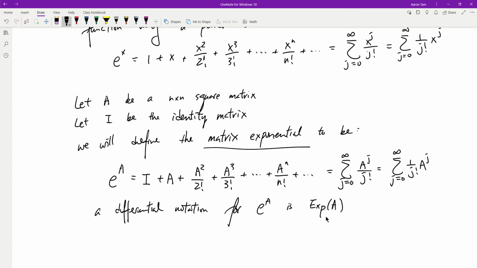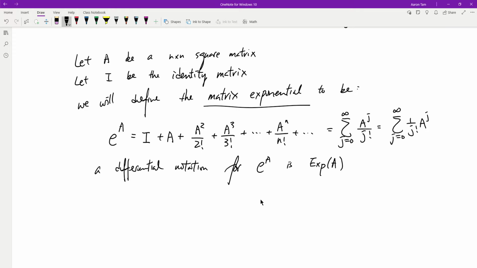You actually can't. So that's the reason why there's a separate notation, to indicate that it's not the same thing as e raised to a scalar power. But it does have several important properties that make it similar to e to a scalar power.